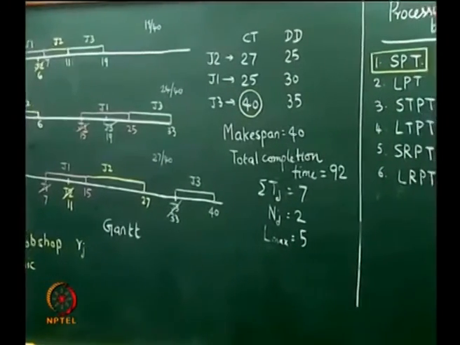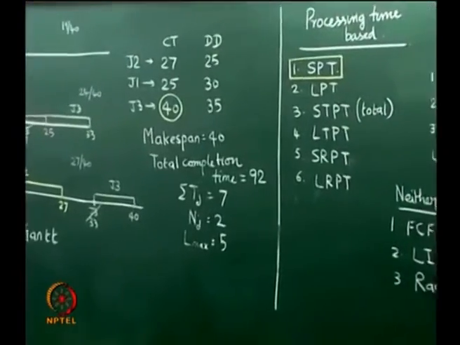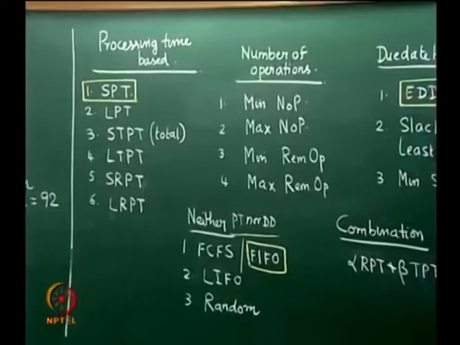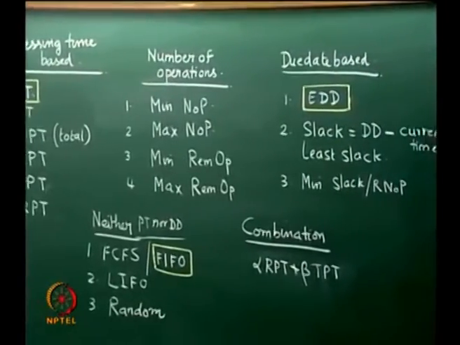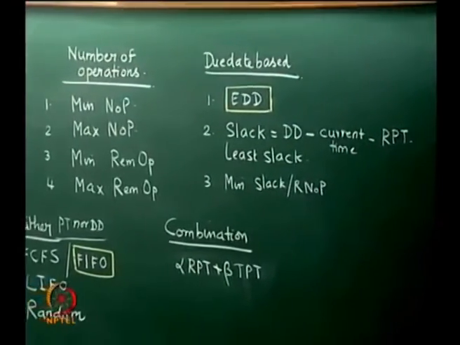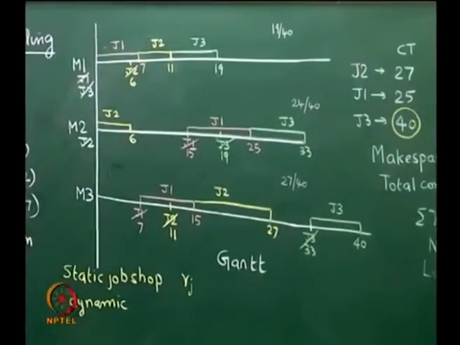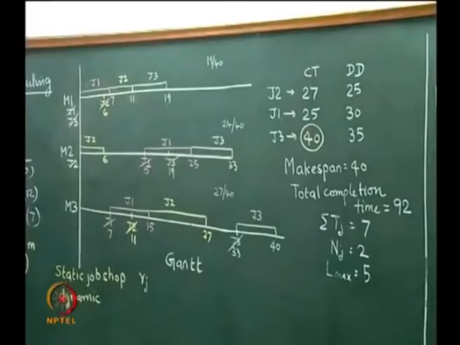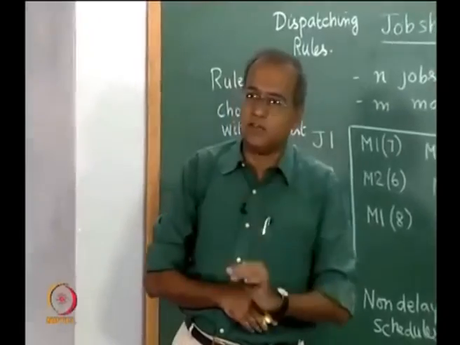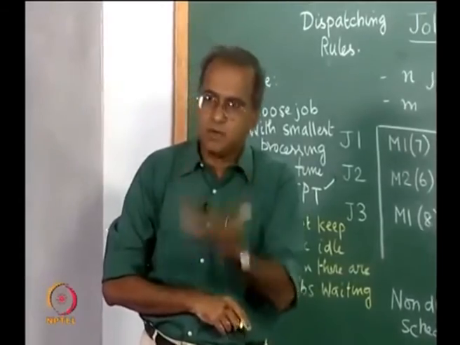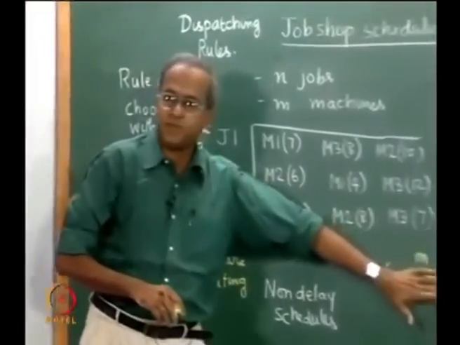Most static job shop scheduling is concerned with the use of dispatching rules, based on which we draw Gantt charts and then we evaluate all the objectives. The limitation, of course, is the lack of optimality, or the inability to give the optimum solution to either makespan or any objective for a static problem.